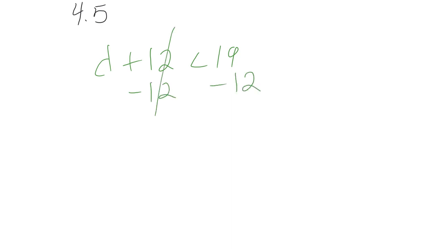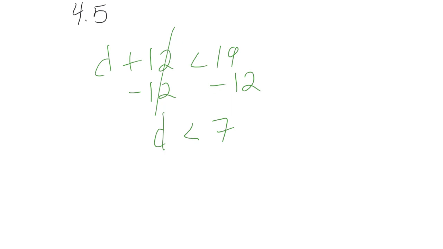Let's say we have d plus 12 is less than 19. And we have to solve this and then graph it. So again, we want d by itself. So we're going to subtract that 12. We're left with d is less than 7.